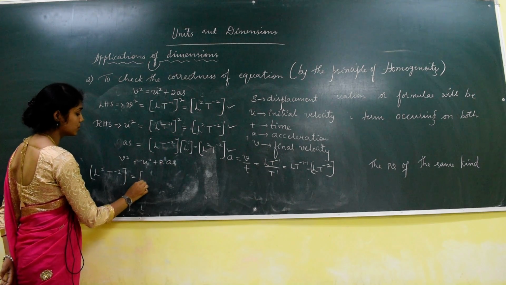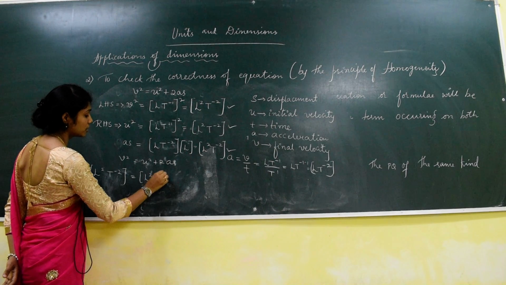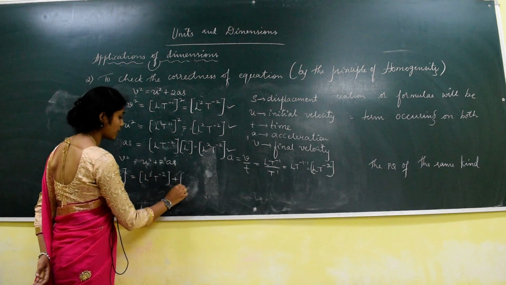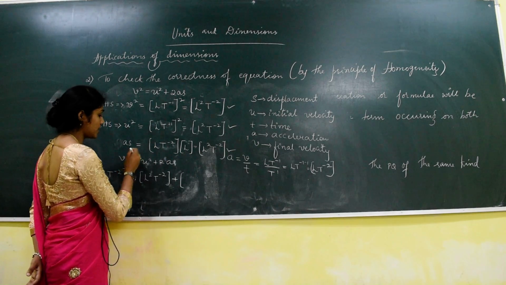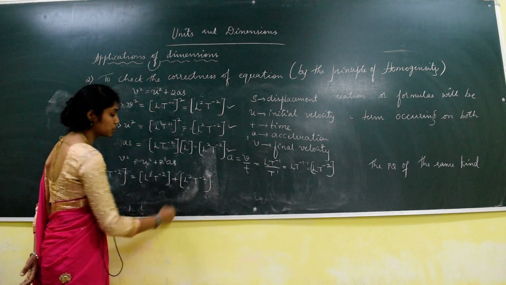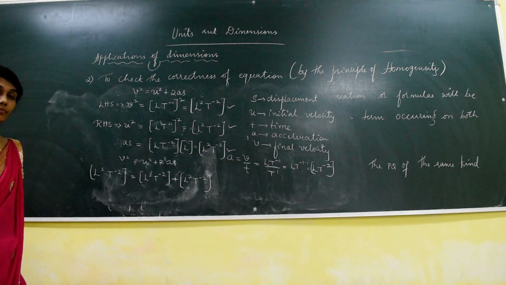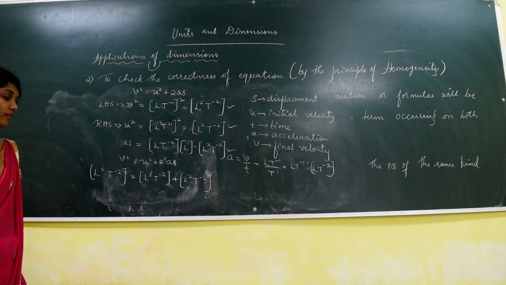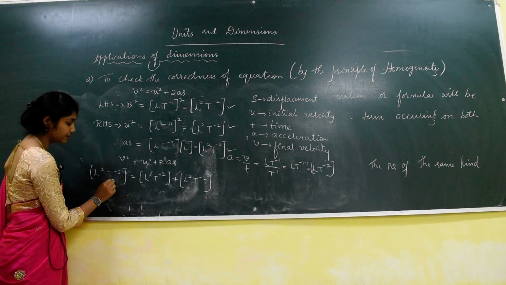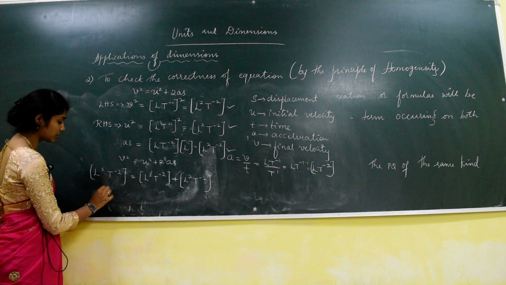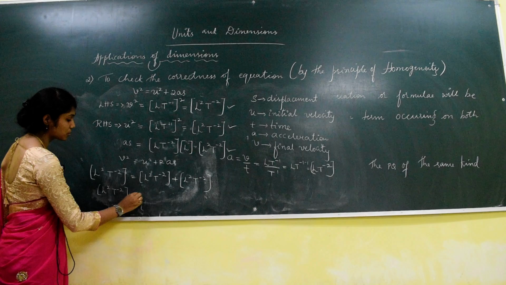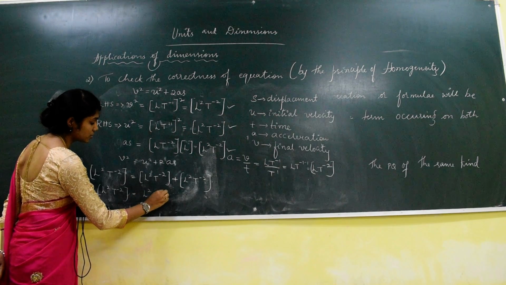Again for u square it is L square T minus 2, and again for as, that is L square T minus 2. See, the left hand side is equal to the right hand side here. So L square T minus 2 is equal to L square T minus 2.